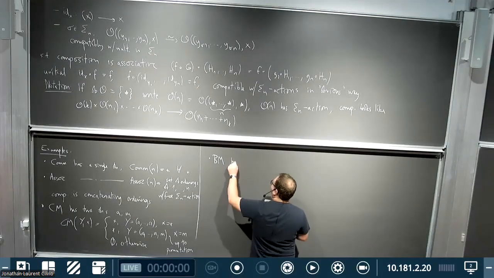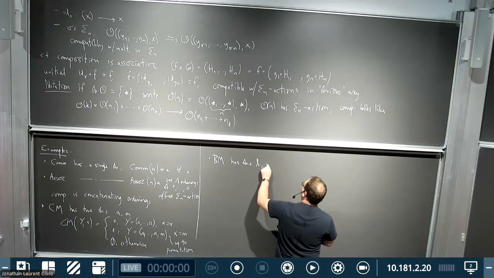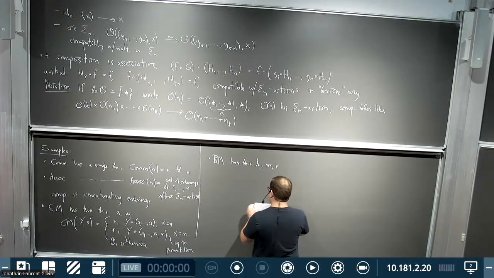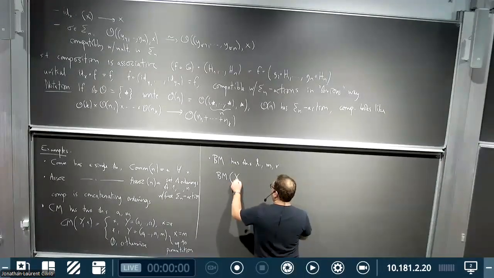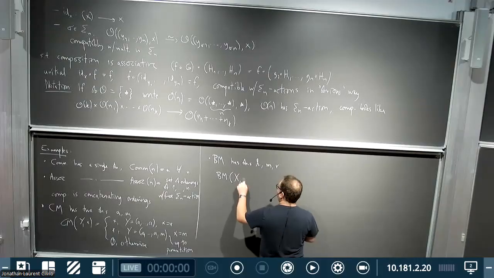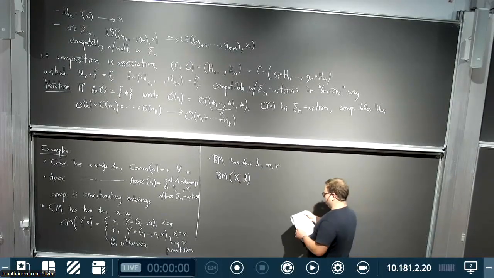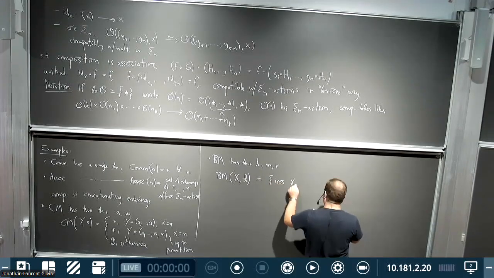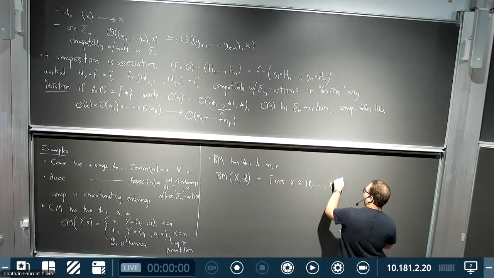So we will have two objects, L and R, and then the operations with output L, you can think of as the set of isomorphisms between X and a list that only consists of L's.